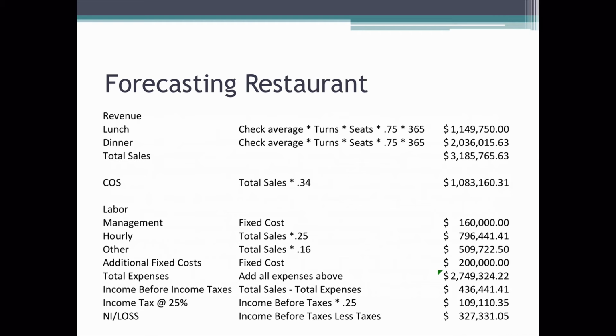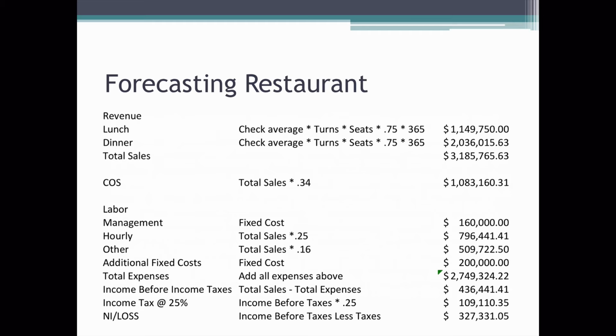And we subtract that out to find out our net income, and that is $327,331.05. So again, our revenue calculations are going to be different when we forecast for a restaurant and a hotel.